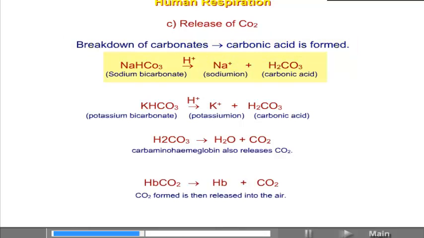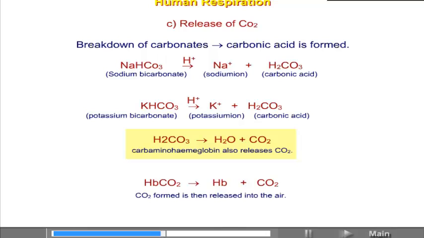NaHCO3, that is sodium bicarbonate, in presence of hydrogen ion gives Na plus, that is sodium ion, plus H2CO3, that is carbonic acid. KHCO3, that is potassium bicarbonate, in presence of hydrogen ion gives K plus, that is potassium ion, plus carbonic acid, that is H2CO3.